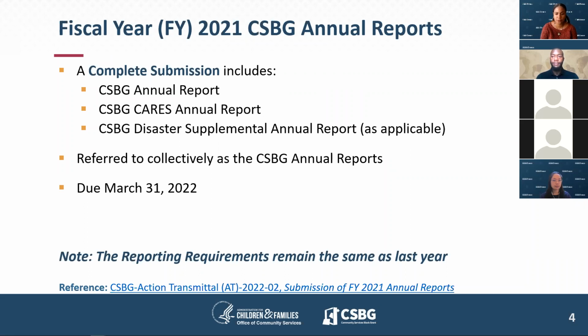So in completing this module, really think about what you had to do differently to administer CARES and disaster. The CSBG network will be able to use these as lessons learned and best practices should we receive supplemental funds in the future. And as a reminder, all of the reports are due on March 31st, 2022. OCS will be here to provide you support as you submit these reports this year.